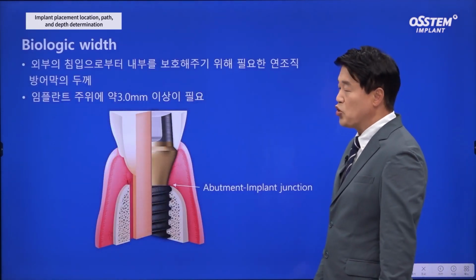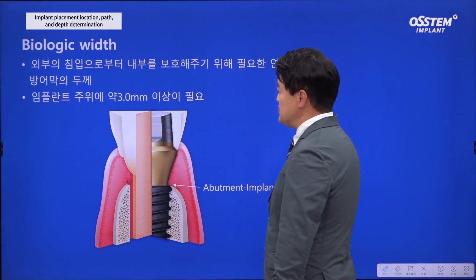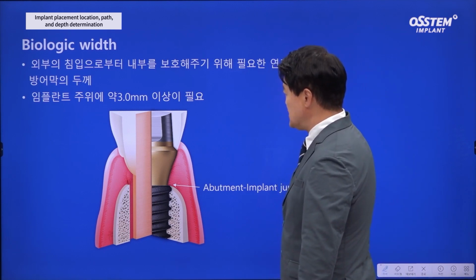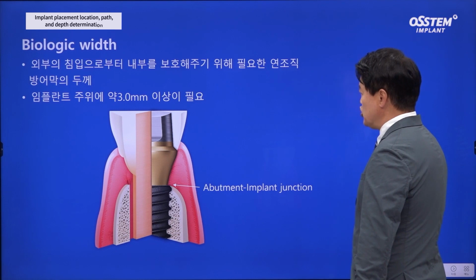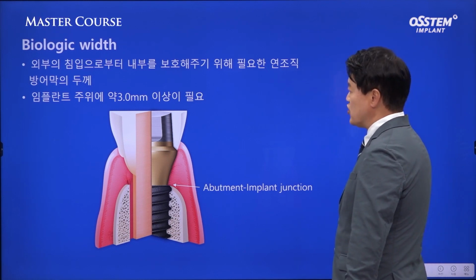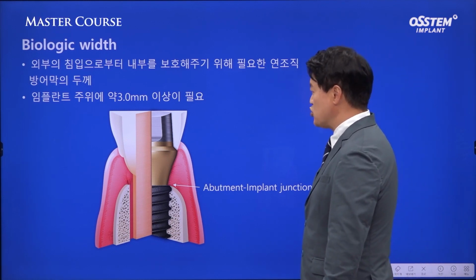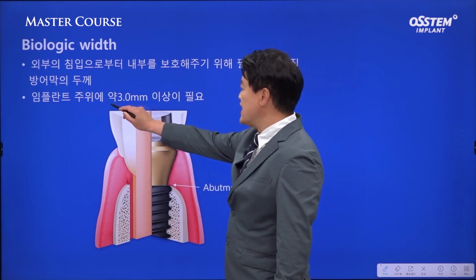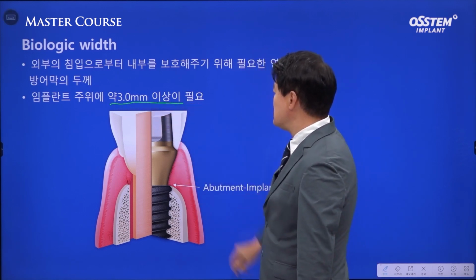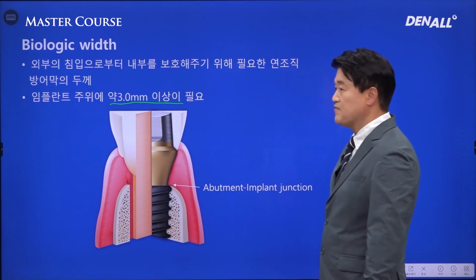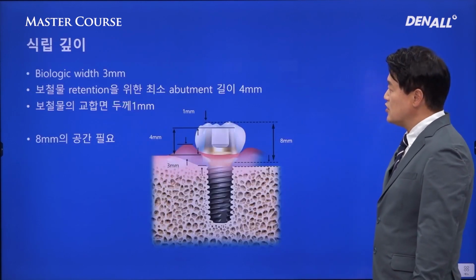When we consider placement depth, we need to consider the factor of biologic width. It is the thickness of soft tissue, the barrier against the invasion of external elements. Around an implant, 3 millimeters or more biologic width is required.